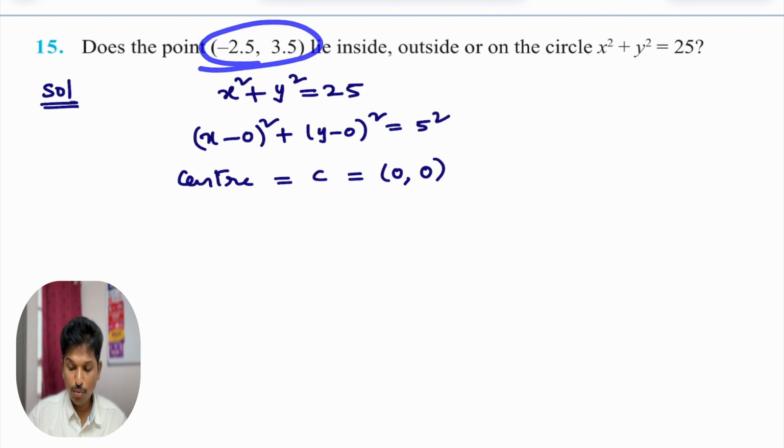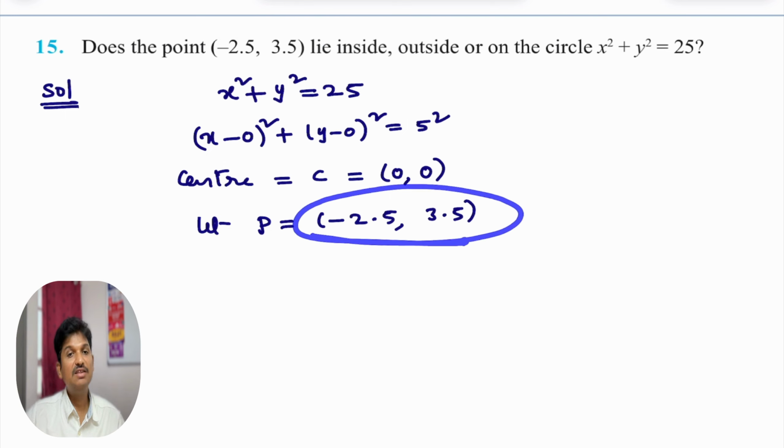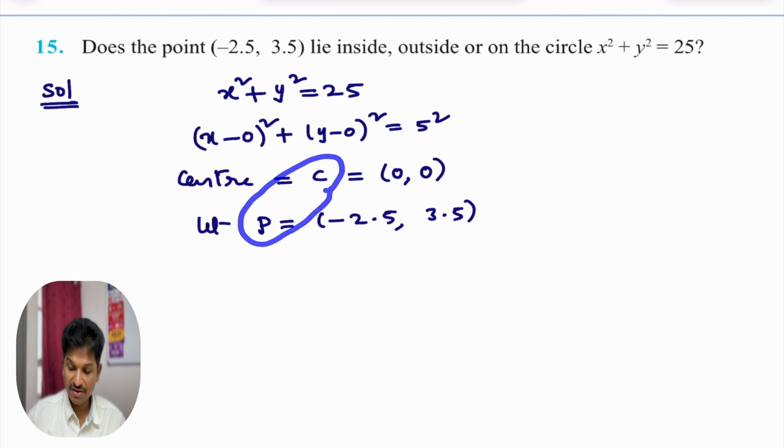Now they have given one point. I'll name it P. To decide whether this point lies inside the circle, outside the circle, or on the circle, I'll calculate CP, the distance between these two points. And one more thing, what is the radius of this circle? The radius of this circle is 5.